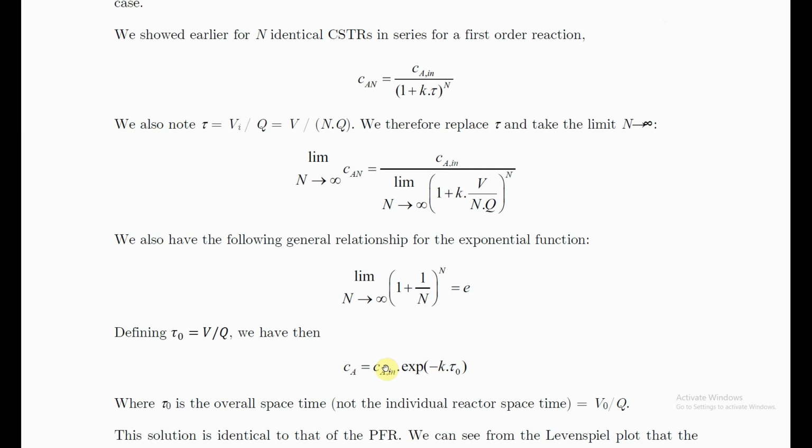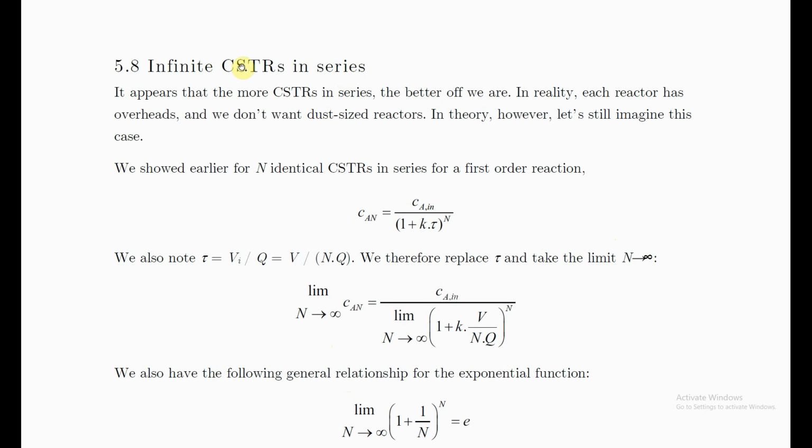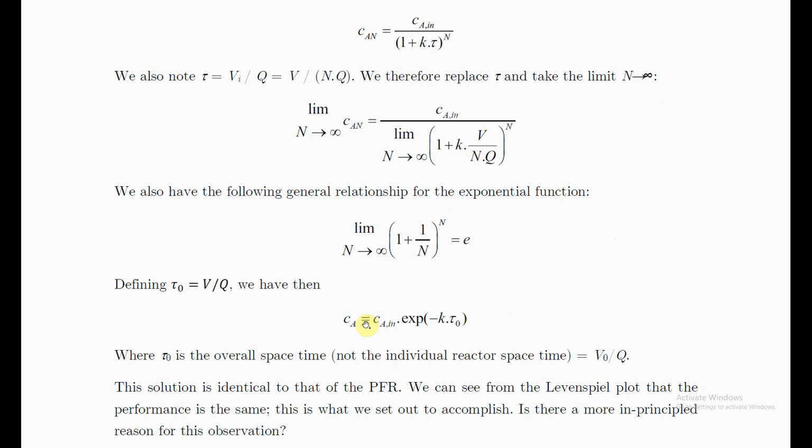Ca equals Ca in exp(minus k tau naught). So do make the substitutions and have a look at that. So if this is true, then this is true. So we have now an equation that tells us the concentration for infinitely many CSTRs in series. This is the concentration that comes out, and that's its expression.